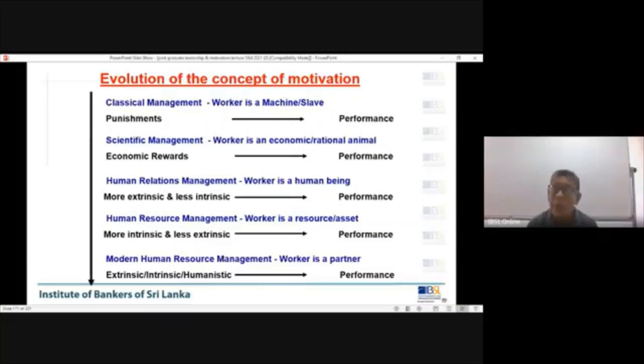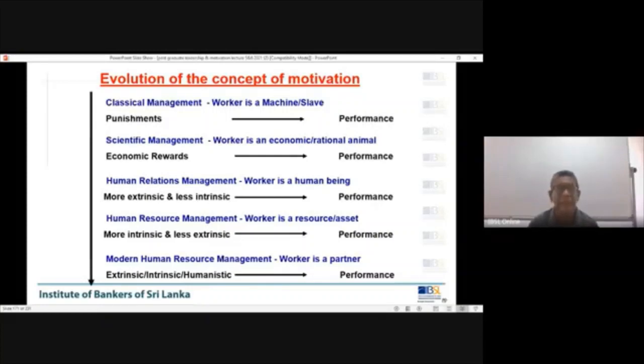The worker is a human being who likes to deal with people. They consider the social element of management. There they talk more about extrinsic, but some intrinsic, but not much, for performance.